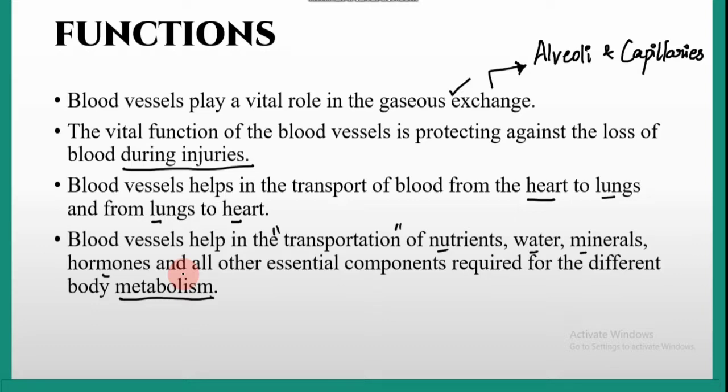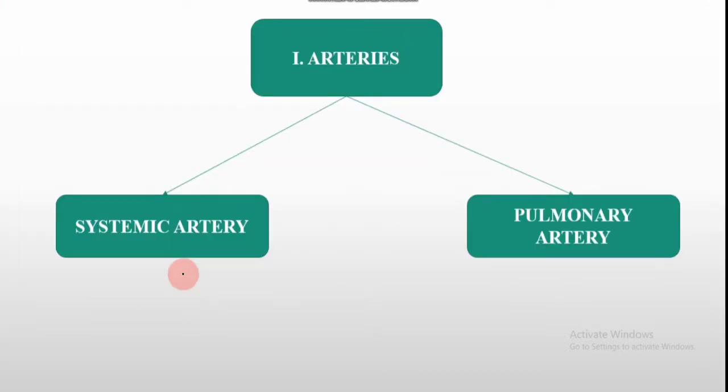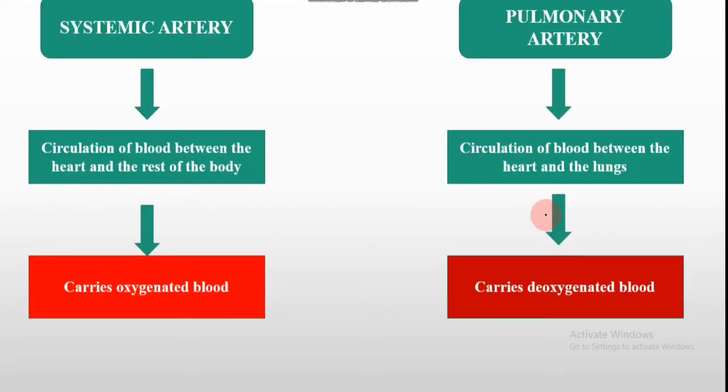Now coming to the types in specific, the first one is arteries. Arteries can be divided into two: one is the systemic artery and another is the pulmonary artery. Now what is a systemic artery? It is nothing but the circulation of blood taking place between the heart and the rest of the body.